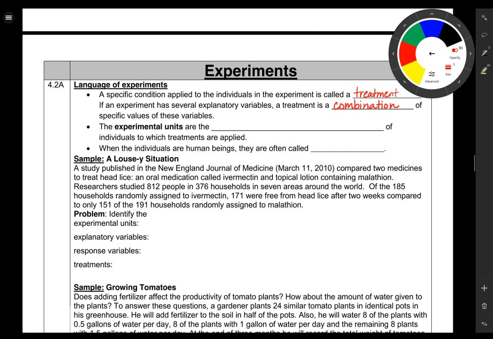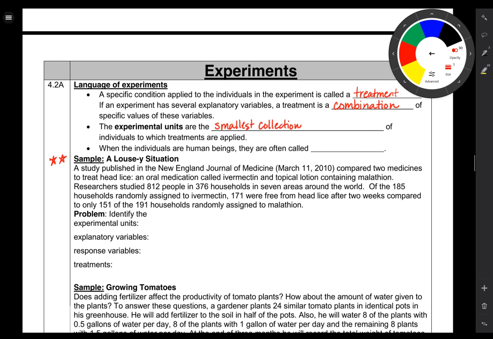The experimental units are the smallest collection of individuals to which treatments are applied. I know on your next test you'll be given an example problem and you have to identify what the experimental units are, what the variables are, what the treatments are. And it's something that you will get asked on AP exams as well.